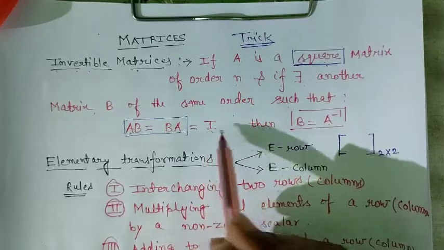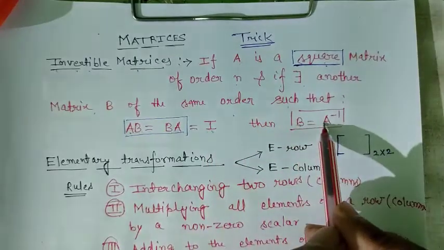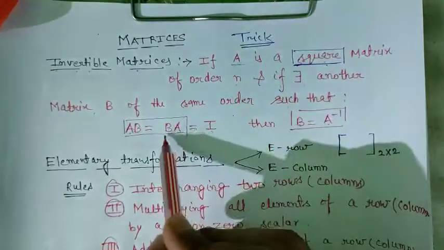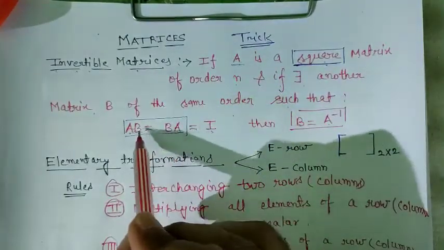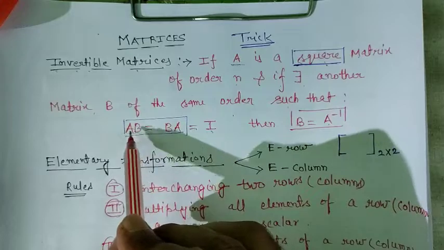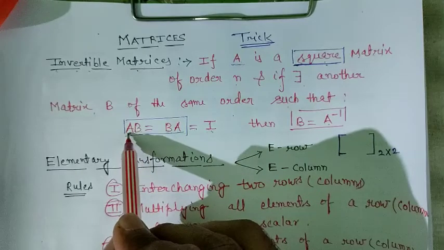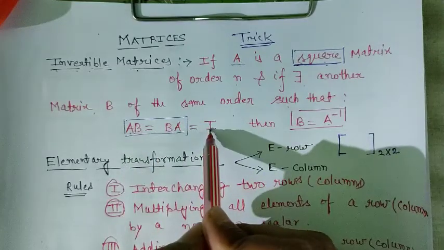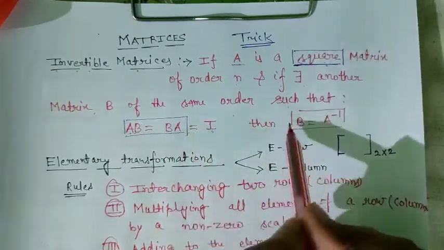Then we say that B equals A inverse. A is given, and if we can find another matrix B such that when we multiply A and B we get the identity matrix, it means B is the inverse of A.